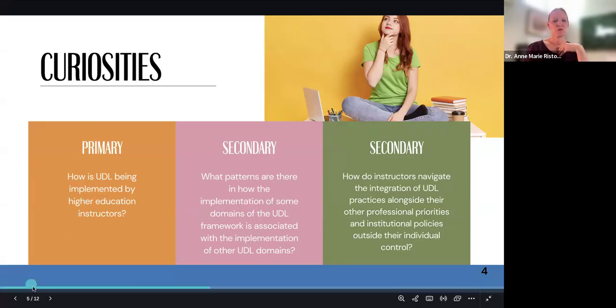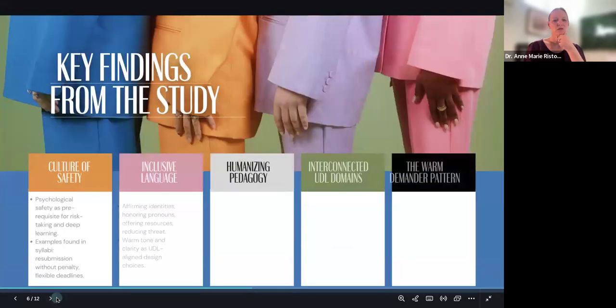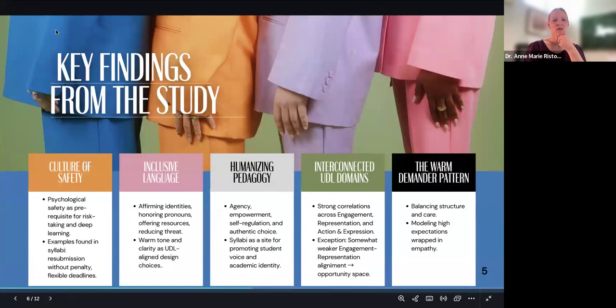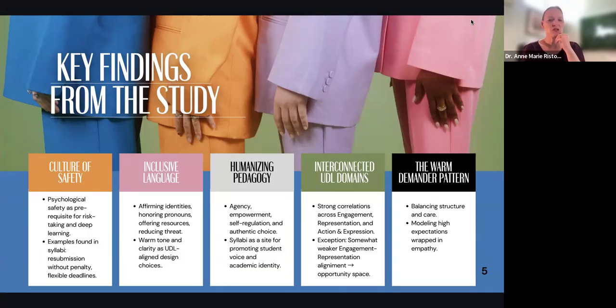And so we found a lot of great results that fell into 5 categories. The first was culture of safety. The next is inclusive language, humanizing pedagogy, interconnected UDL domains, and then what we coined as the warm demander pattern.